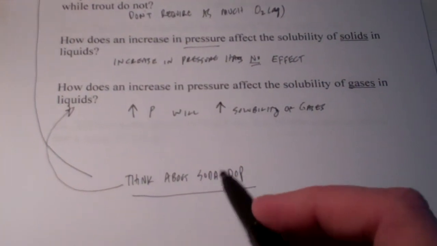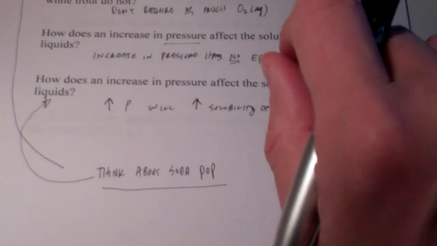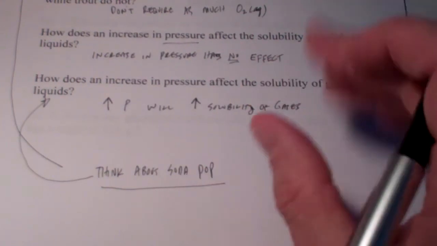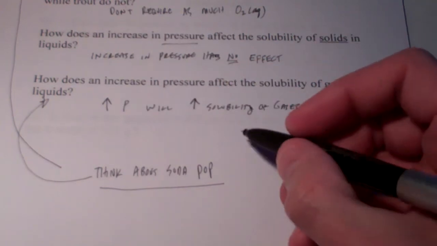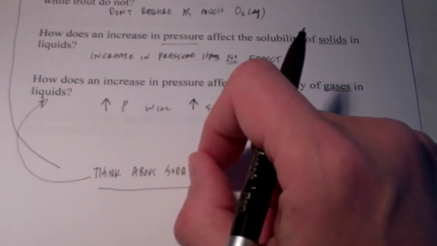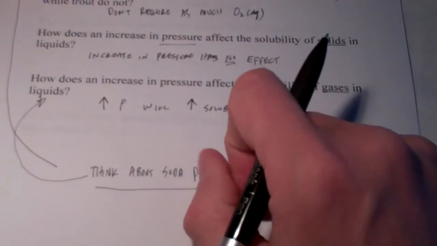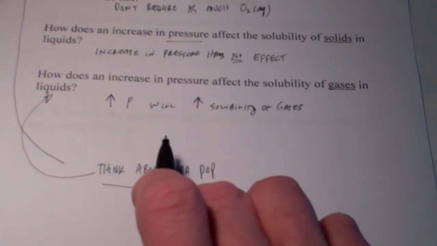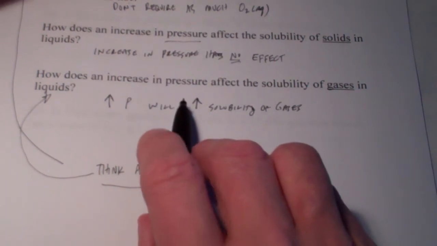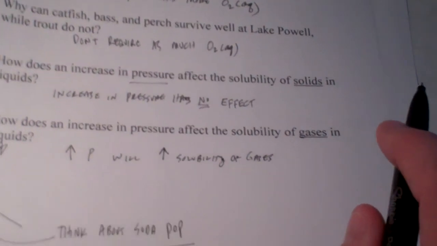When you open up a 2-liter bottle of soda pop or a can of pop, as soon as you do that, don't you hear the release of pressure? Soda pop is stored under high pressure so that the carbon dioxide dissolves in the liquid. As soon as you open up that top, if it's a 2-liter bottle, you can actually see bubbles of carbon dioxide coming out of solution because the pressure has dropped. So increasing pressure for gases will increase the solubility of those gases.